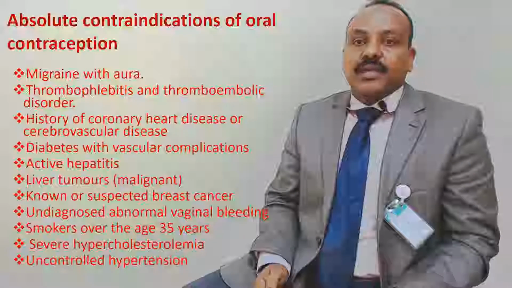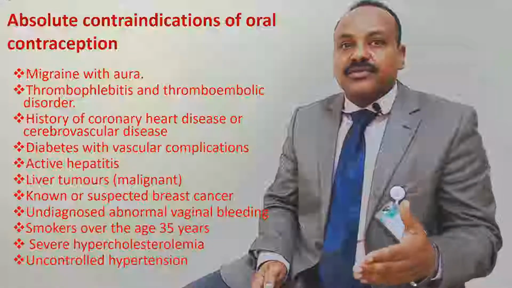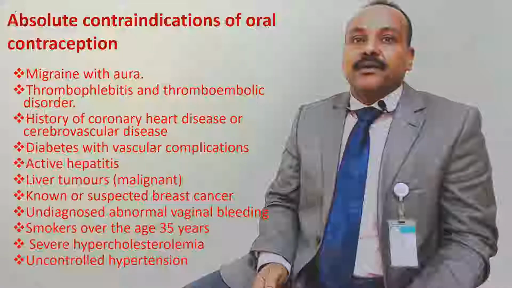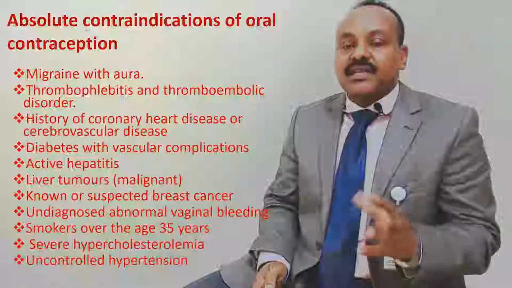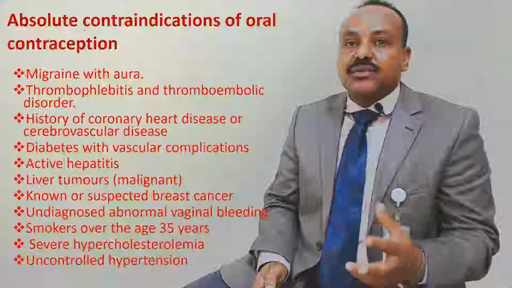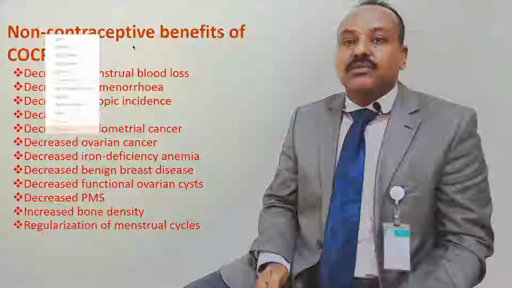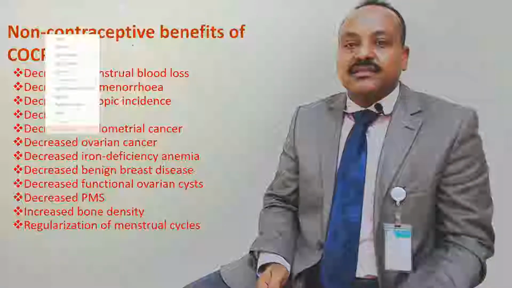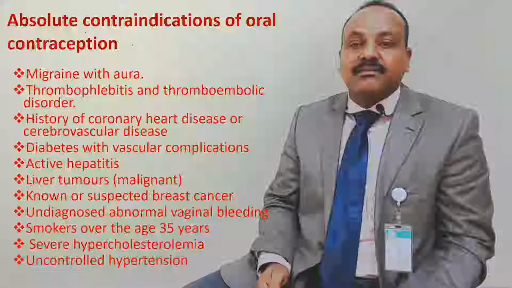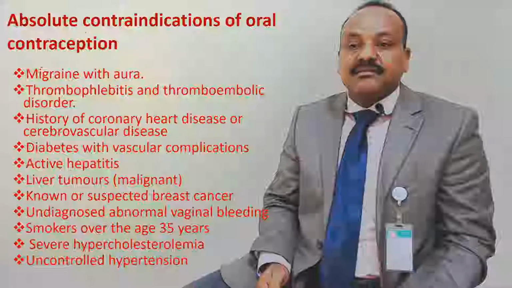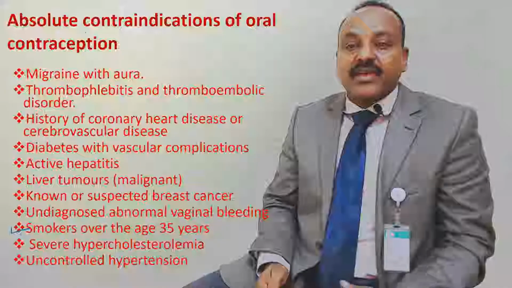Not all women can use combined pills because, as you know, estrogen and progesterone are hormones and can affect the health of the woman. So there are some contraindications, which we could say are absolute contraindications, like migraine with aura, thrombophlebitis, history of coronary disease, diabetes with vascular complication, active hepatitis, liver tumor, uncontrolled hypertension, and smokers, those with age more than 35 and smoking, and undiagnosed abnormal vaginal bleeding.